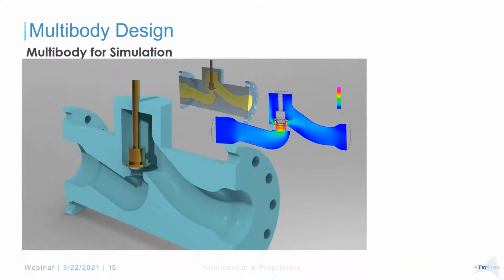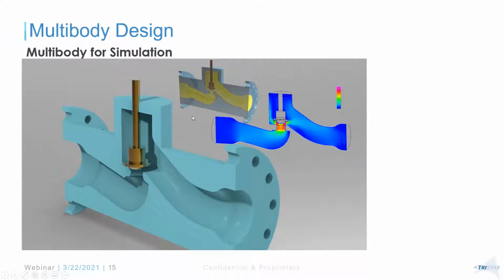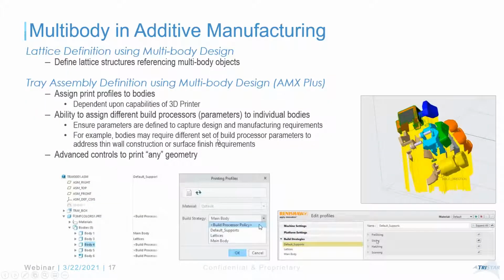And you may have simulation use cases, like I was talking about earlier, where you have these fluid volumes, and that could be using multiple bodies. This plunger here, for example, could be another body that I'm using to run some what-if scenarios for my fluid flow, right? And for additive manufacturing, to create your lattice structure, that could be in one specific body.